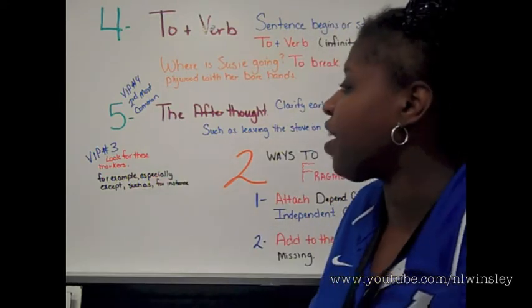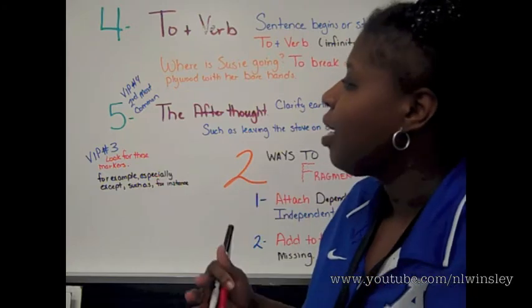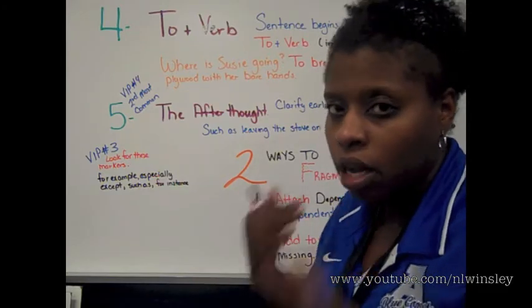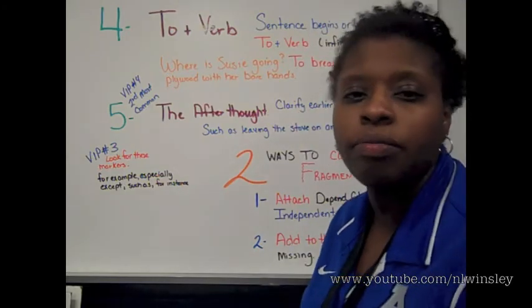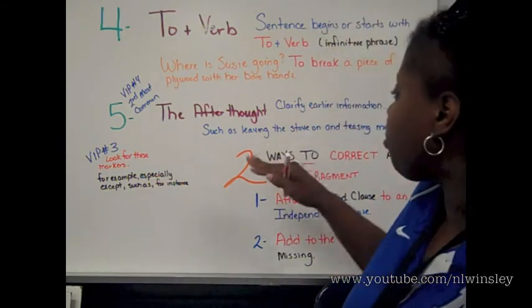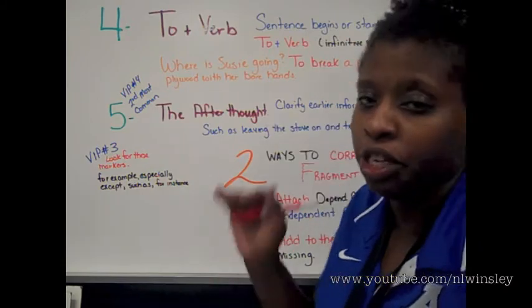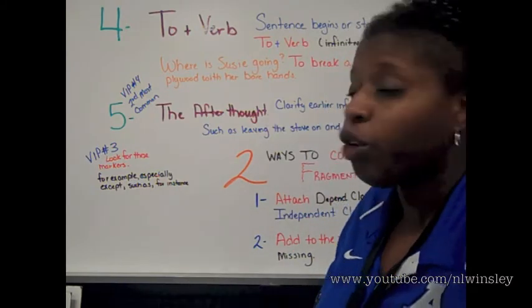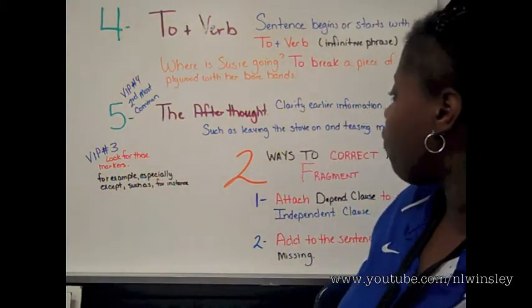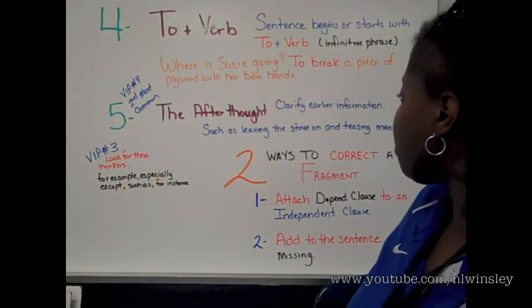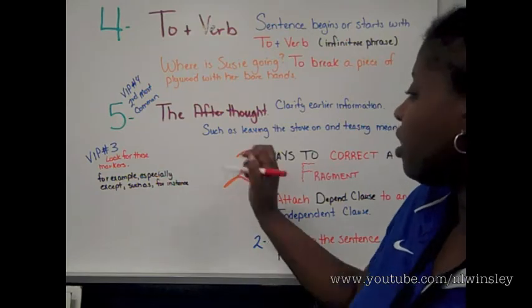And then last, the fifth and probably the second most common fragment mistake when writing is the afterthought. The afterthought is where you attempt to clarify any earlier information in a previous sentence, so you feel like that is in itself a complete sentence. For example, such as leaving the stove on and teasing mean dogs.